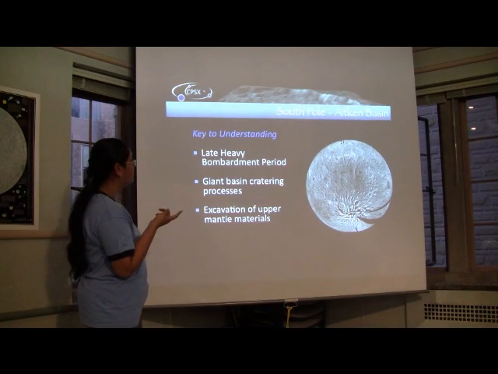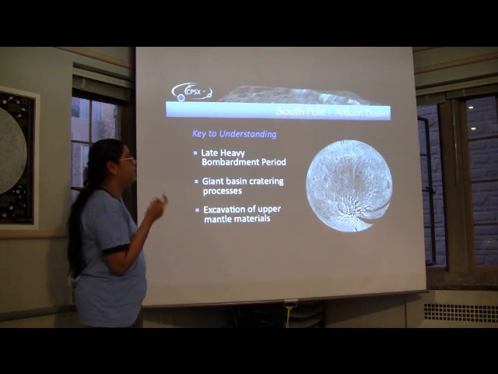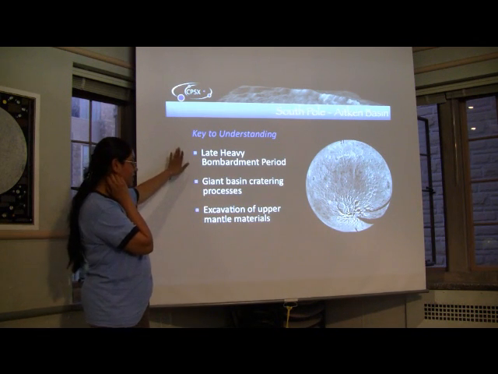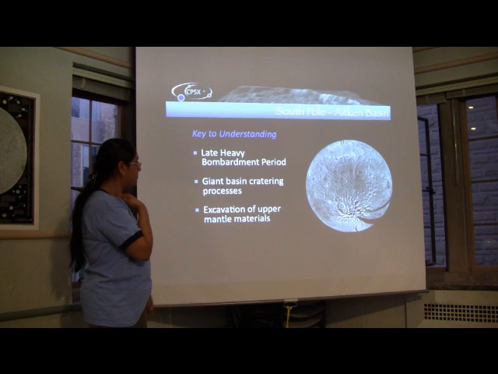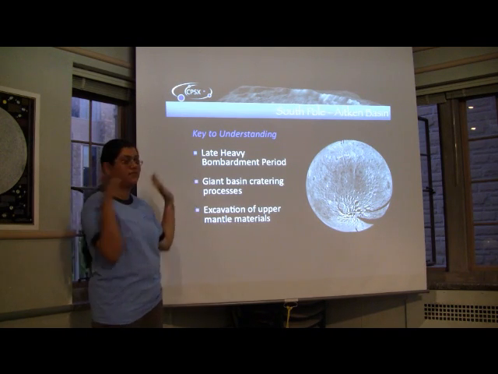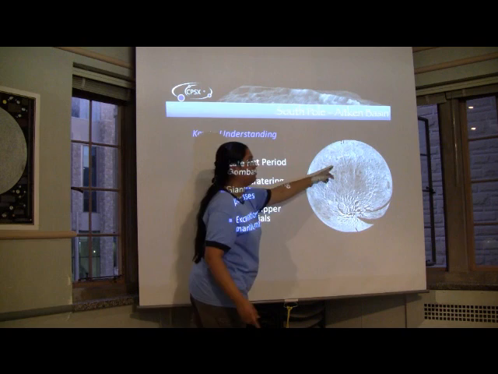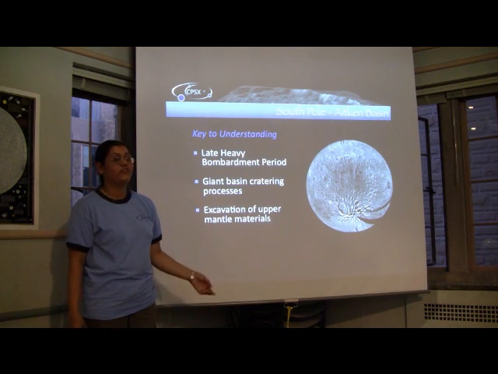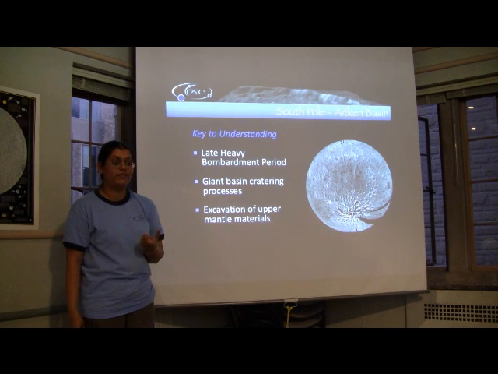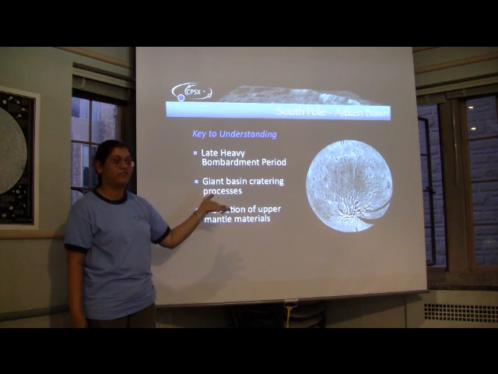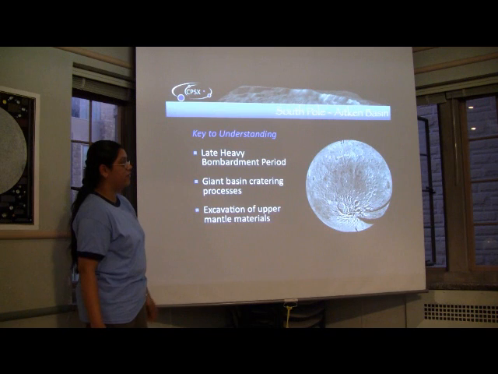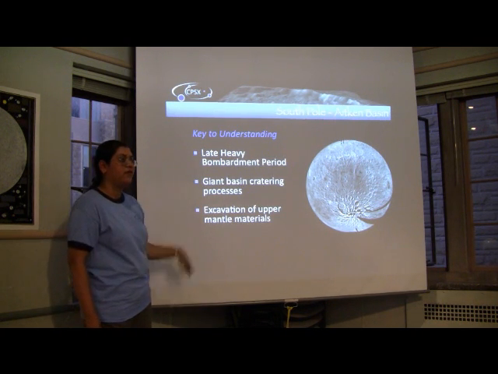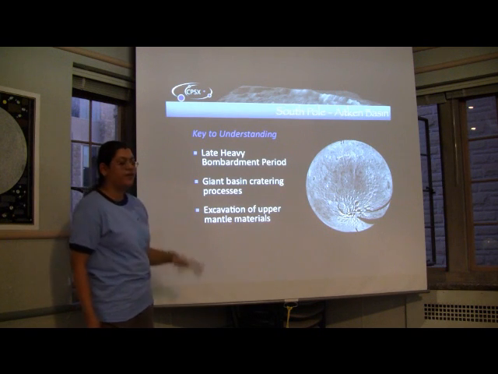So as I was mentioning about the South Pole-Aitken Basin, understanding how this basin formed helps us understand many different things, like how giant basins form. If you look at the diameter, it's roughly 2,100 kilometers. So impact craters can go from a few meters to many thousands of kilometers in size. It also helps us understand a period that we don't know much about.